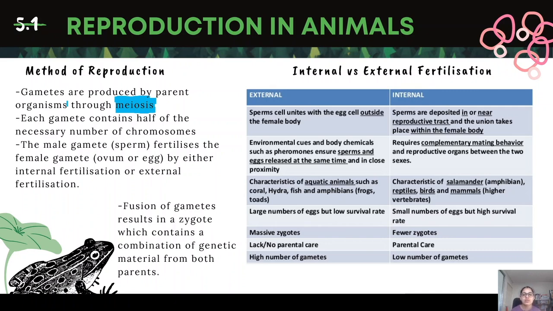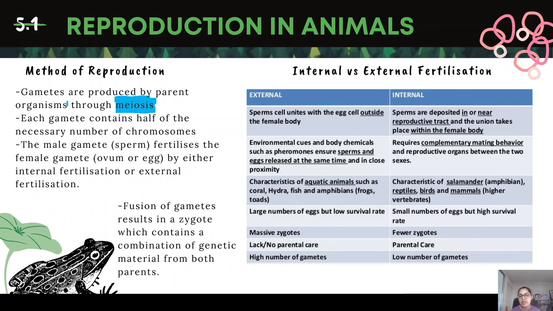So 46 chromosomes in your normal body cells, and 23 chromosomes in your sex cells. The reason we have 23 chromosomes after meiosis is because when the gametes fuse, you get 23 chromosomes from your mum, and the other half from your dad.